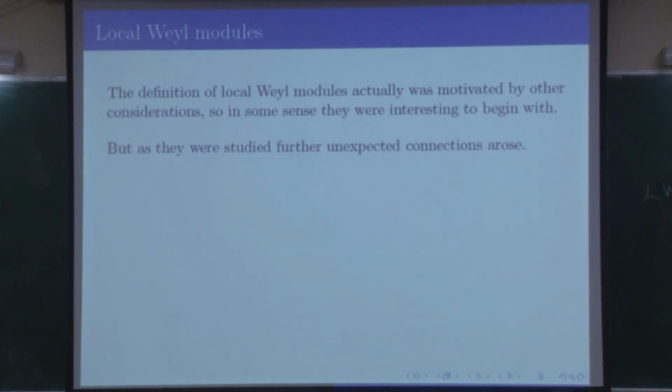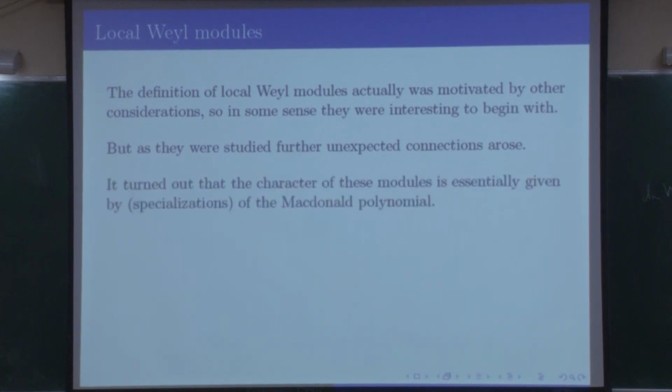As I said, I started studying these things because they came from that subject. But once you start studying something, new connections begin to develop, and then there are more reasons to study them. Once you know the dimension, the next thing you're often interested in is the character of the representation. And it turned out that the characters of these modules are very particular specializations of Macdonald polynomials. Macdonald polynomials are a family of symmetric functions.